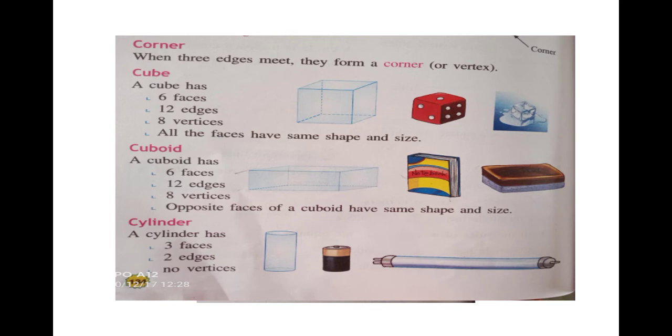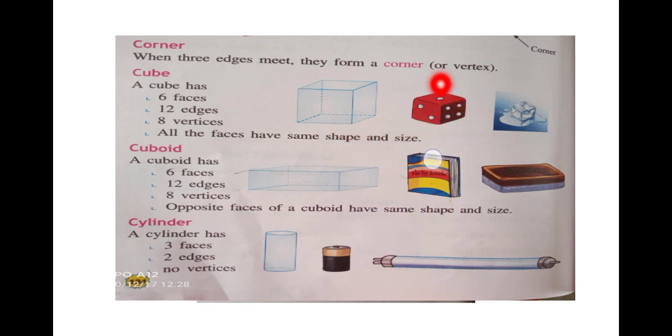Now, when three edges meet, they form a corner or vertex. I told you in the previous slide. For example, you see in a cube. This is the shape of a cube, and these are examples of a cube.